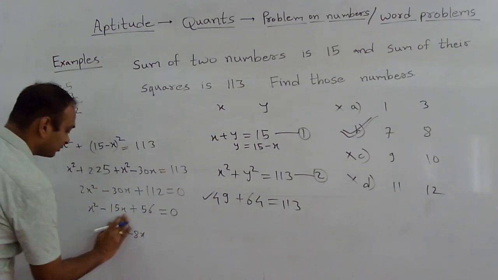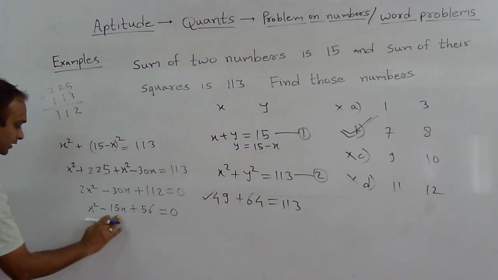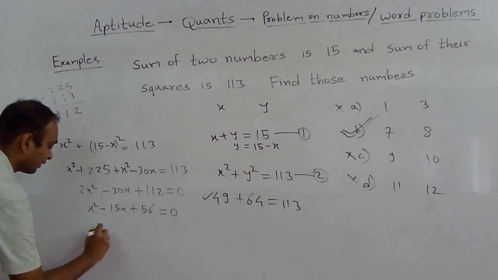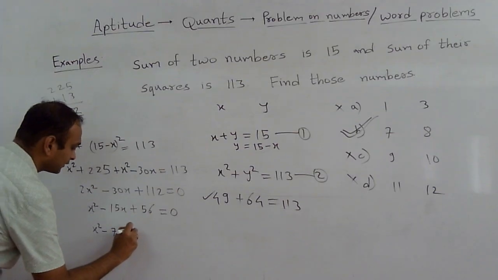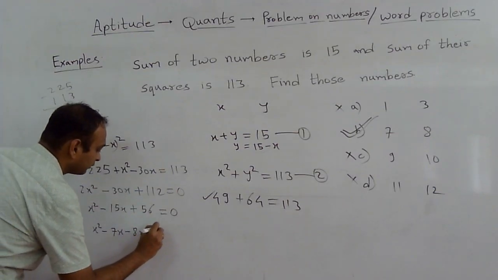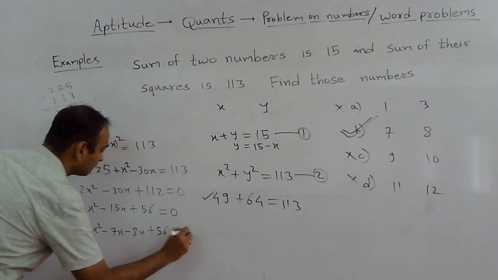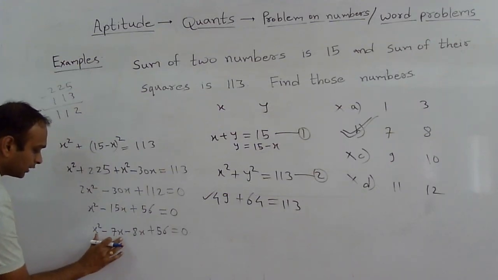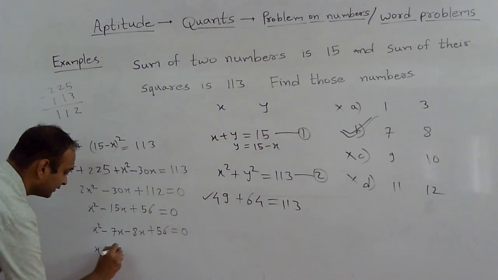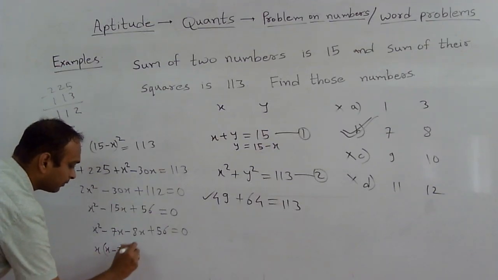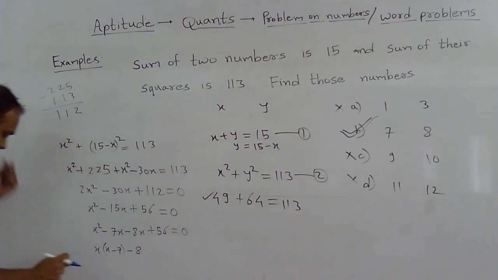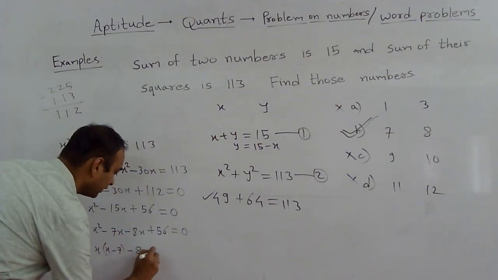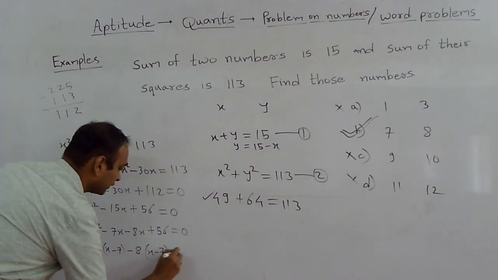So this way we can make the factors. So it will be x square minus 7x minus 8x plus 56 equals 0. If we take x common from the first two terms, the remaining part is x minus 7. If we take minus 8 from the others, the remaining part will be again x minus 7, equals 0.